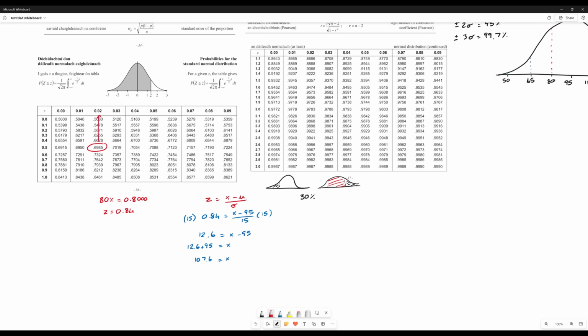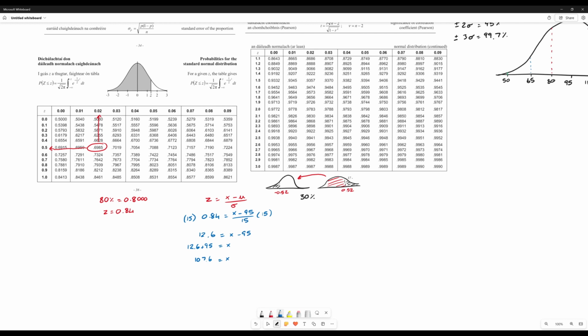So our z-score here would be 0.52. Now that would give us the lowest 70% of people or the highest 30% of people. But because they're mirror images, to get the lowest 30% of people we just do minus 0.52. Our z-score has to be a minus because it's on the left. Don't forget that.